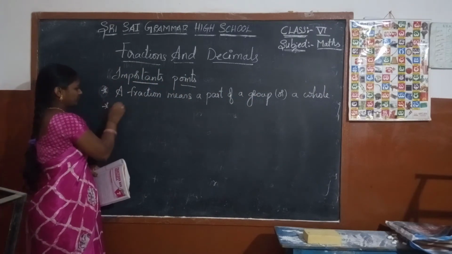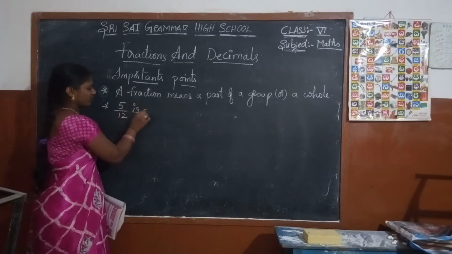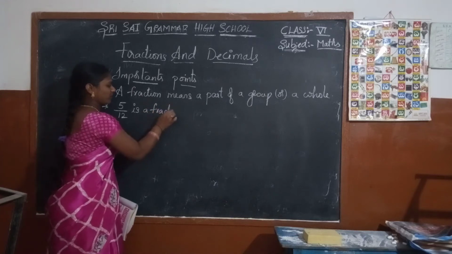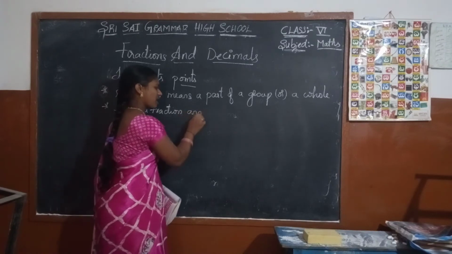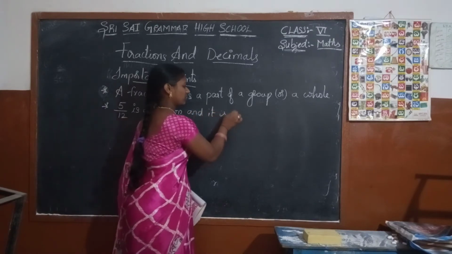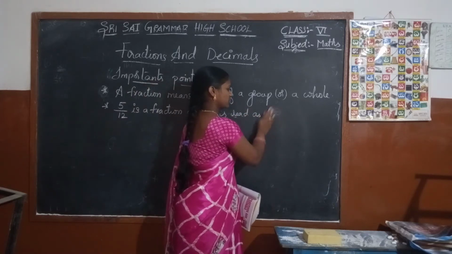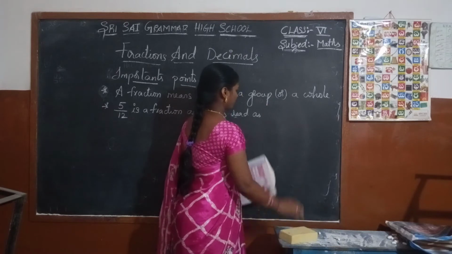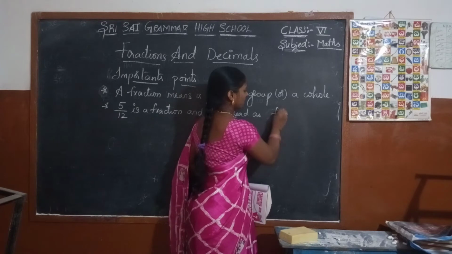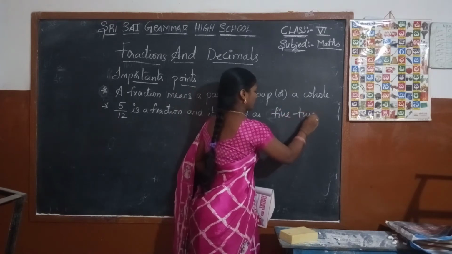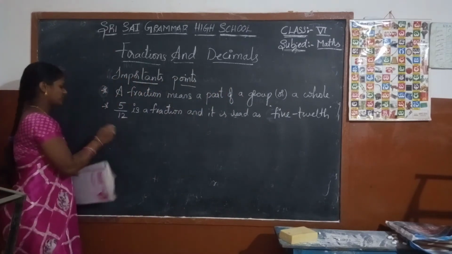Second one. 5 by 12 is a fraction, and it is read as 5 by 12.